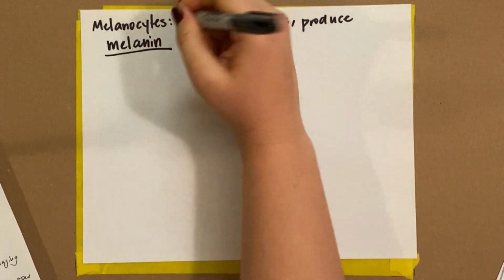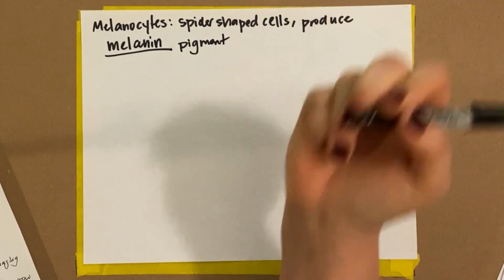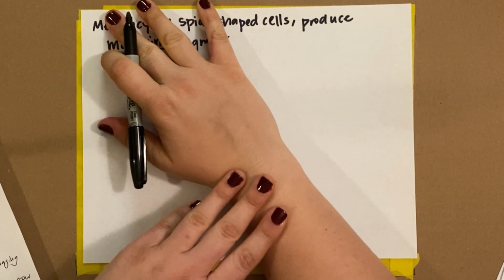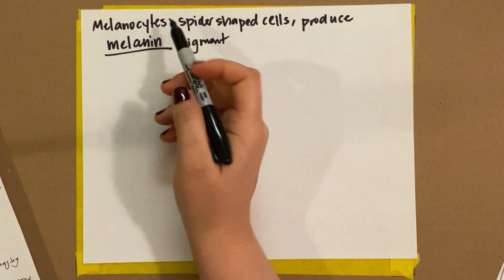Melanin is a pigment. We'll later talk about melanin and a little bit about skin color, but it is going to determine what skin color we have. There's a couple other pigments as well.